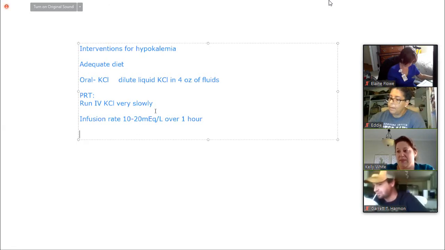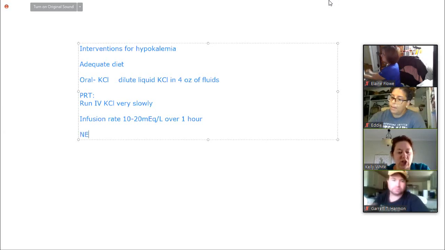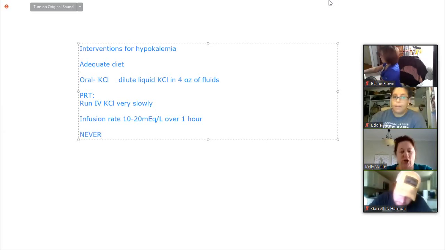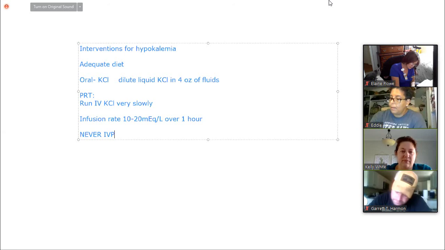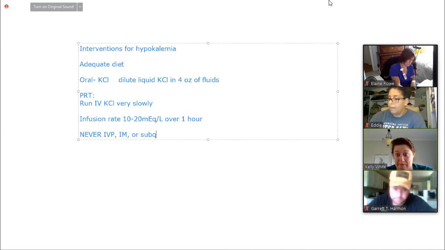So I'm about to wrap this up, I promise. So never, ever, ever, and I mean ever, give potassium IV push. It is also not given sub-Q or IM. But if you were to give a patient IV push potassium, you are going to kill them.